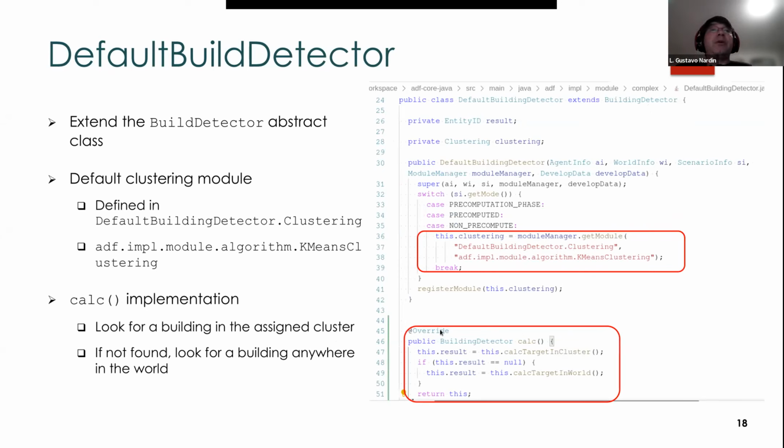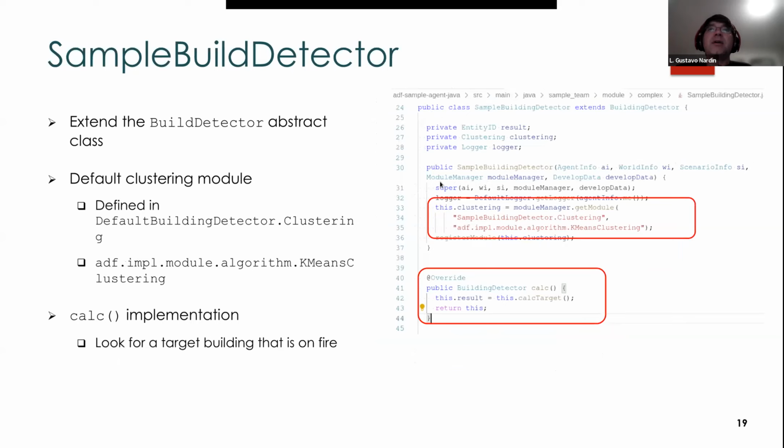And we keep also the same sequence for the detection of a building. Oh, I was looking at the wrong slide. We keep the same clustering method as in the default, but we changed the way the calc is implemented.